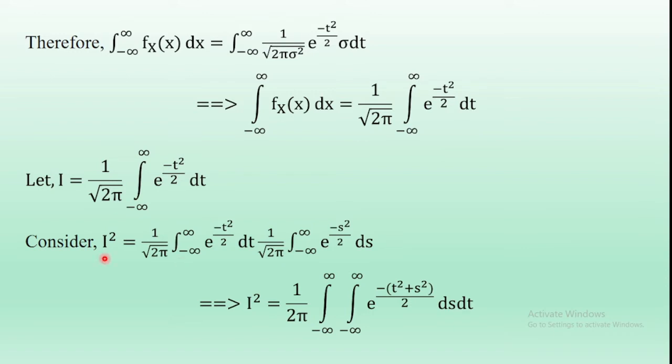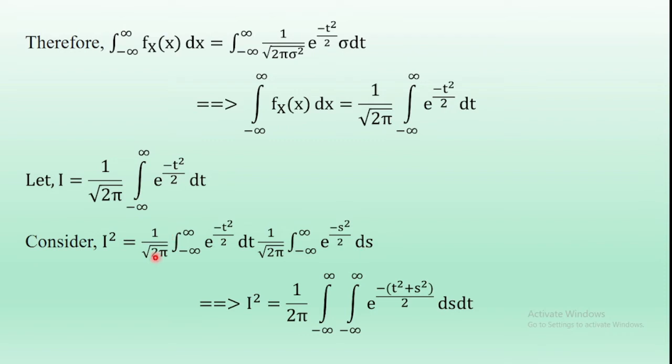Consider I into I, which is I square. The first I is 1 by square root of 2 pi integral minus infinity to infinity e power minus t square by 2 dt, into the second I, changing the variable, 1 by square root of 2 pi integral minus infinity to infinity e power minus s square by 2 ds.